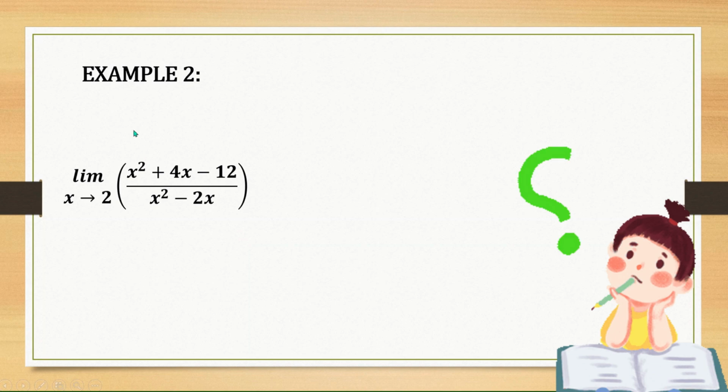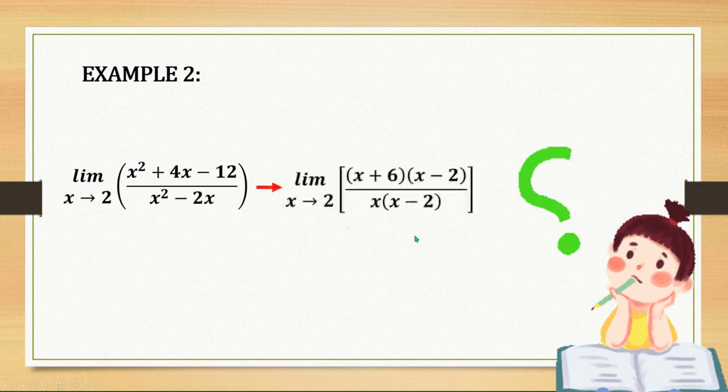Simple. All we need to do is manipulate this equation using some algebraic techniques. As we can see here, for the denominator, I have factored out x. And for our numerator, I have converted the expanded form into a factored form.